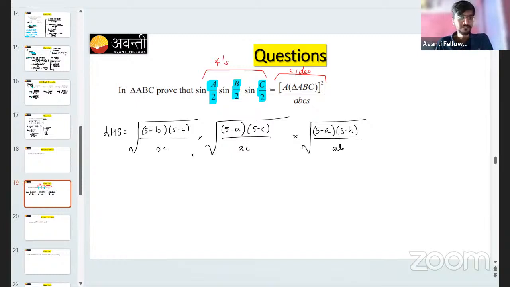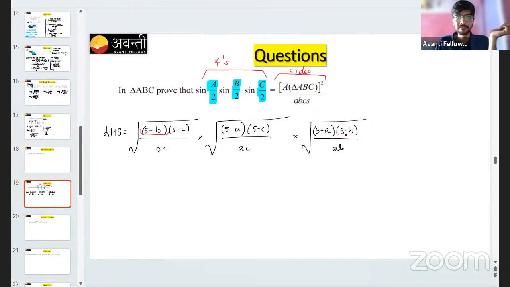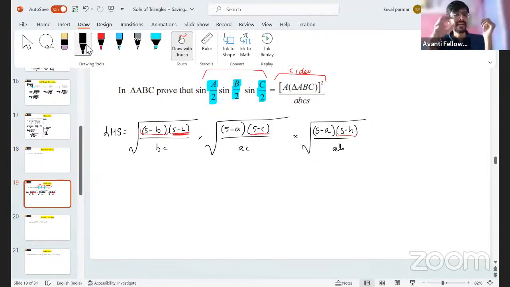Correct? So if you can see here, all the terms appear 2 times. That means all the terms will become squares. For example, S minus B into S minus B. Similarly, S minus C into S minus C. So all these terms will become squares, and if these all become squares, the square and root will get cancelled.